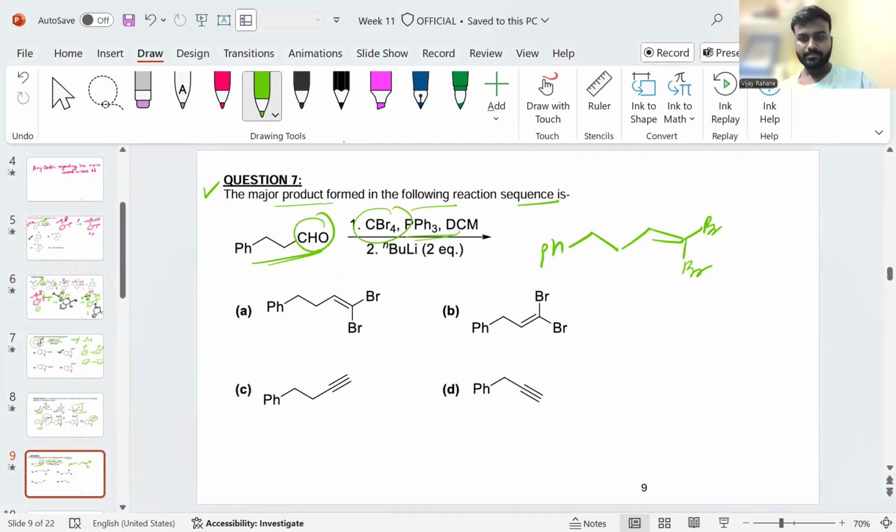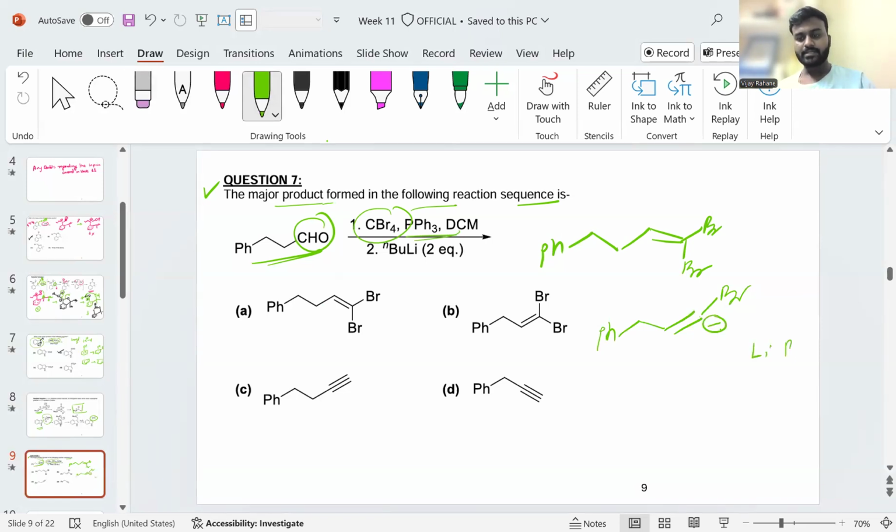So this butyl lithium leads to the formation of Br, and here in the first step there will be a negatively charged carbon at this position.